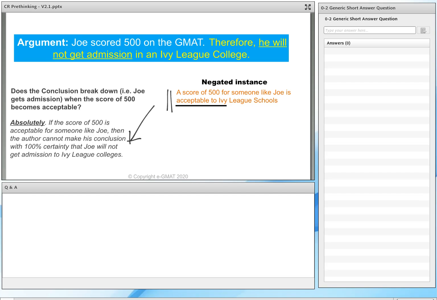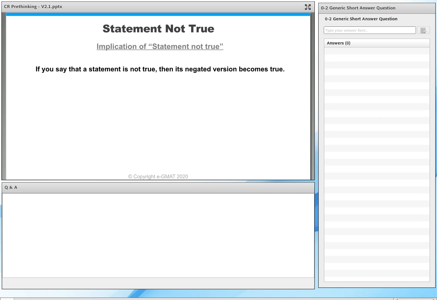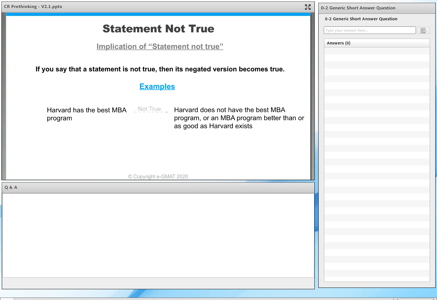Now, some of you may be saying, how can you say that if I say a statement isn't true, its negated instance becomes true? So let's take a few examples over here. Okay. When I say Harvard has the best MBA program, and if you say that's not true, then are you not saying that Harvard does not have the best MBA program, or that an MBA program that's better than Harvard or just as good as Harvard exists?